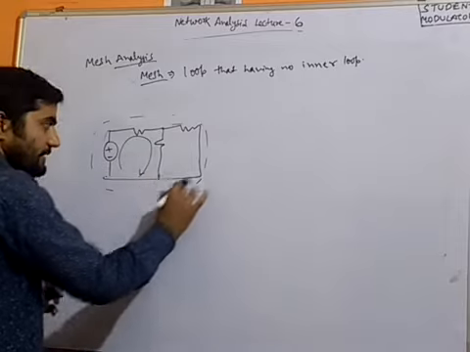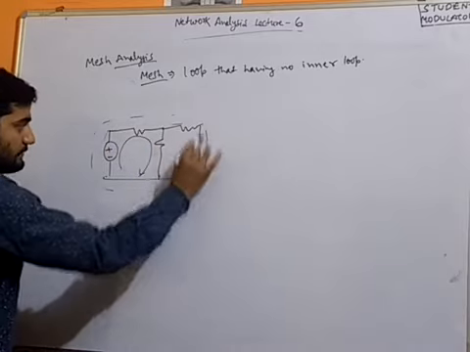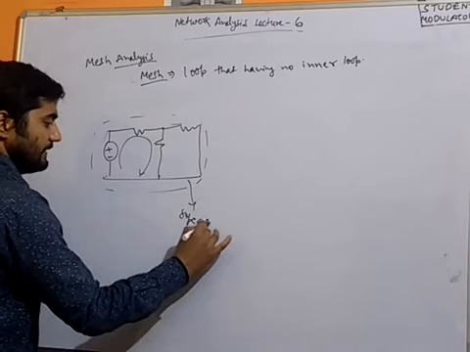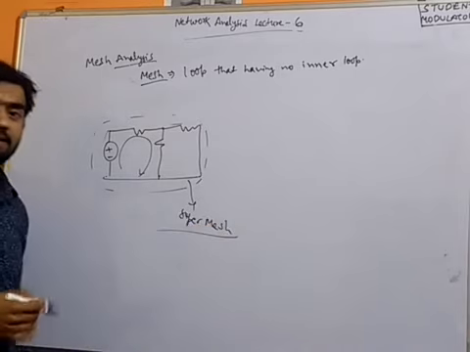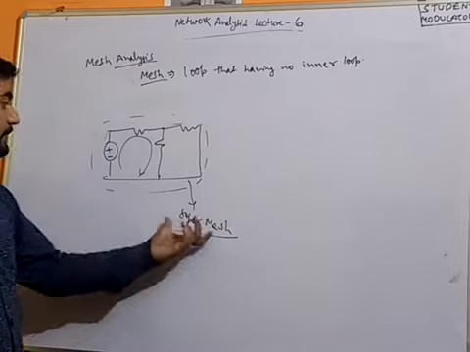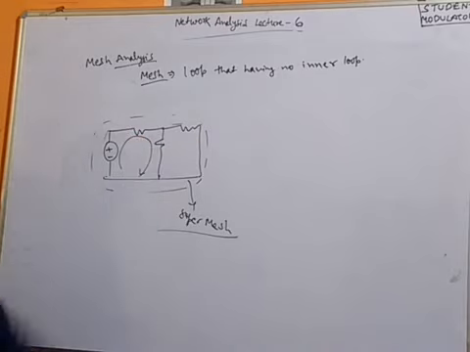This is again a mesh, but overall this is not a mesh. Then what is it called? This one is called a supermesh, and we will learn the supermesh technique when this type of mesh is useful. But first we will understand the mesh and start the mesh analysis.